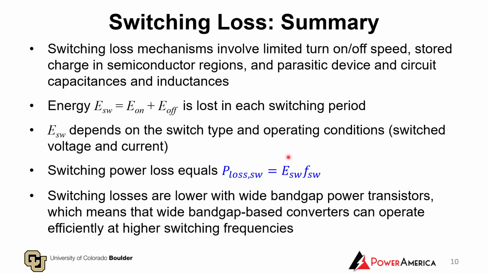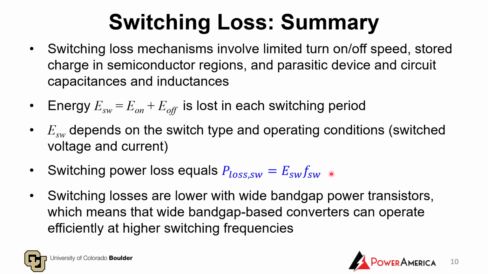But overall, in the big picture, if a certain amount of energy is lost in each switching cycle, how many cycles per second we have is determined by the switching frequency. The total switching loss is going to be proportional to the switching frequency. And we can inevitably see here that the higher the switching frequency of operation is, the larger the power loss is going to be, which then raises the question of why are we not switching at very low frequency?